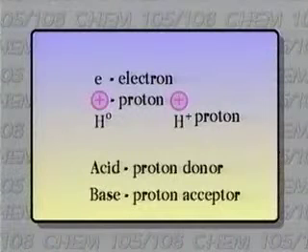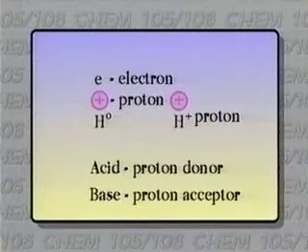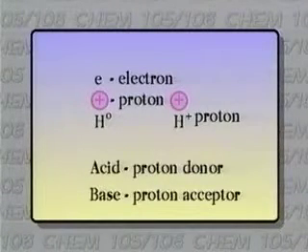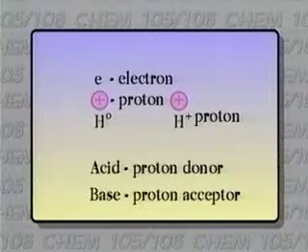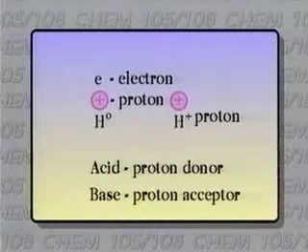Now, when we looked at the conductivity of solutions, we looked at some examples, or looked at least one example of what we call a strong acid, and we looked at one example of what we called a weak acid, and we looked at one example of a strong base and a weak base.